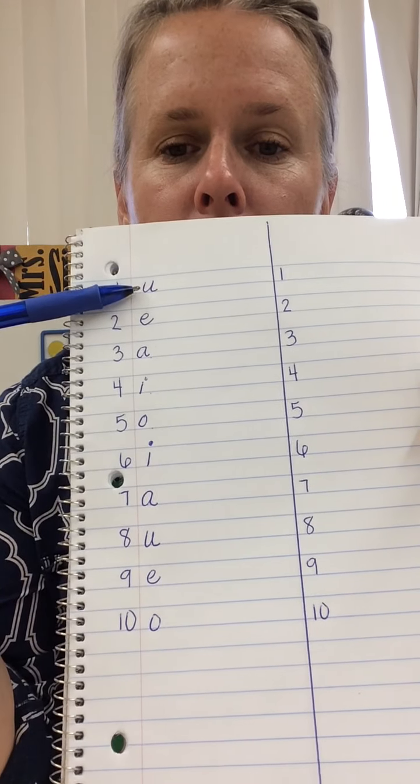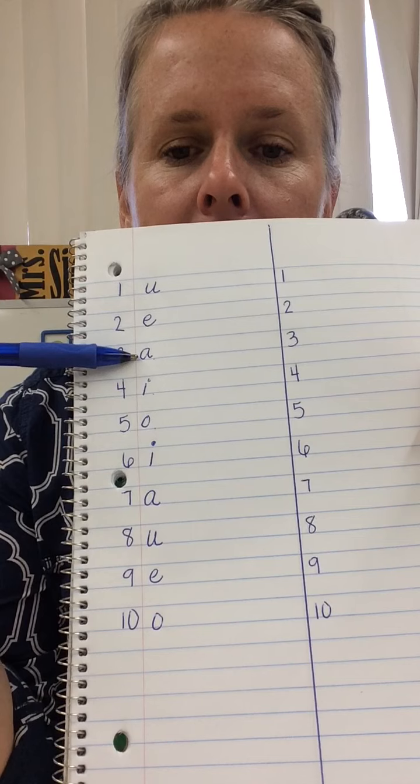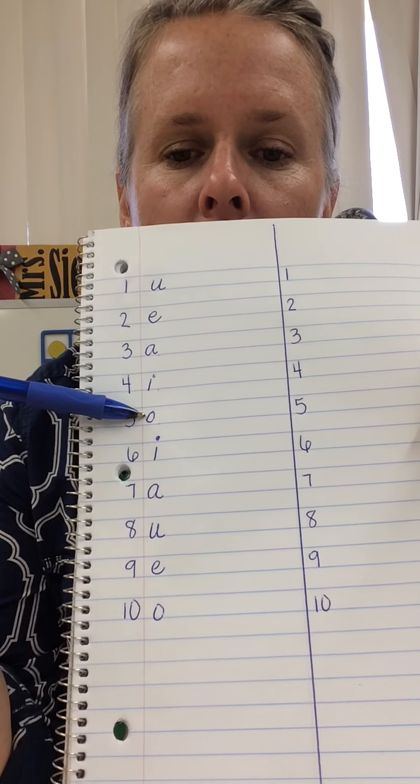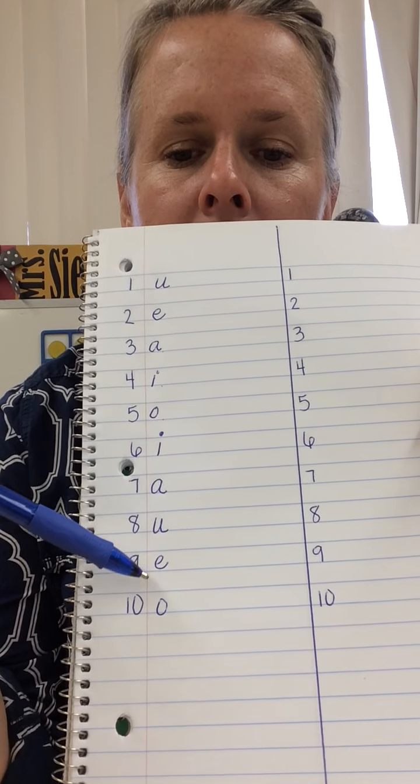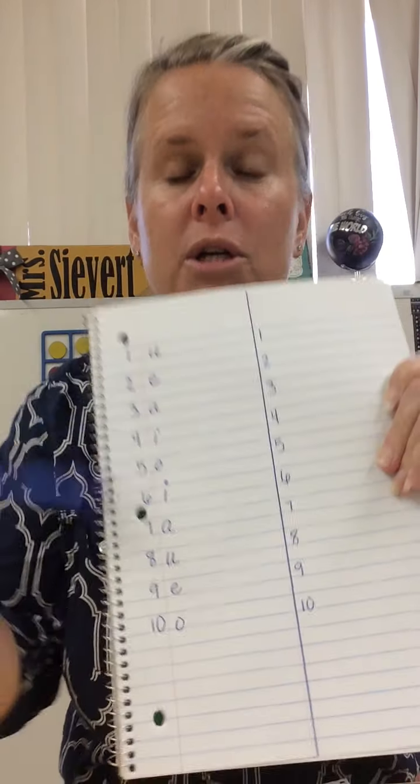You should have a U, E, A, I, O, I, A, U, E, O. That is what you should have on there.